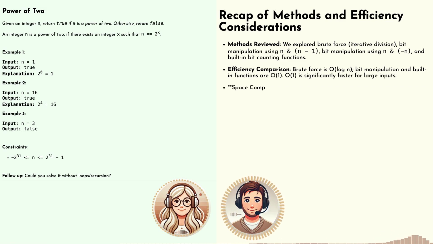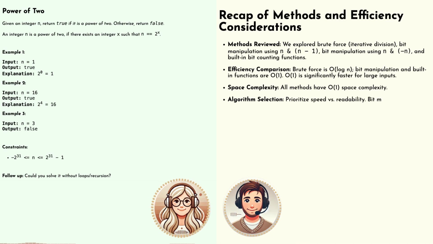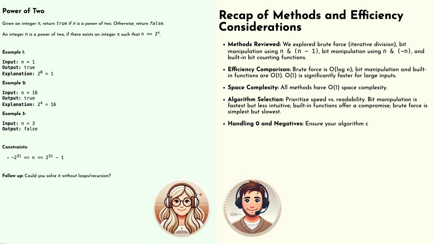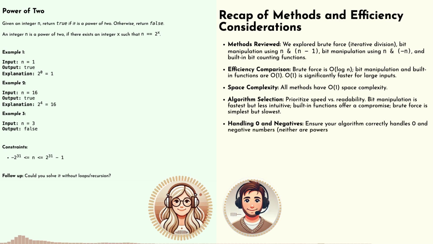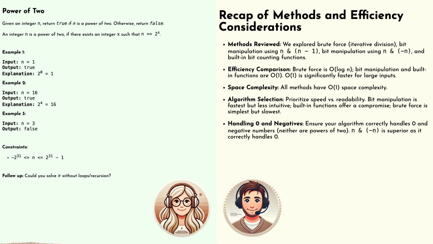But aren't they basically doing the same thing under the hood? Like, which one would you actually use in practice? That's a great question. Both methods take advantage of that special property of powers of 2 where they only have a single 1 bit in their binary form. But there are some subtle differences. The n AND n-1 method might be a bit easier to grasp at first. This feels a bit more intuitive.